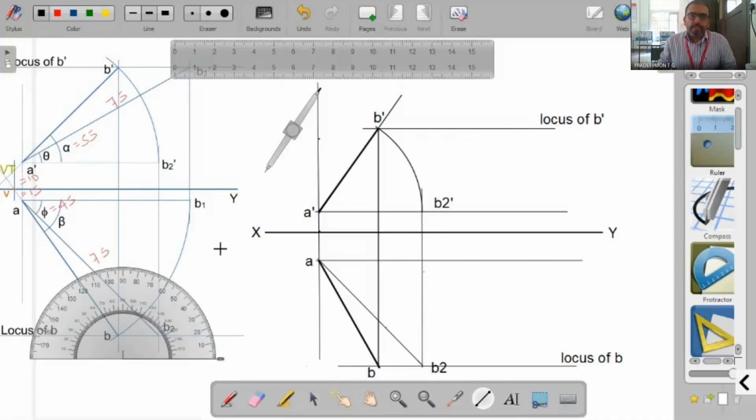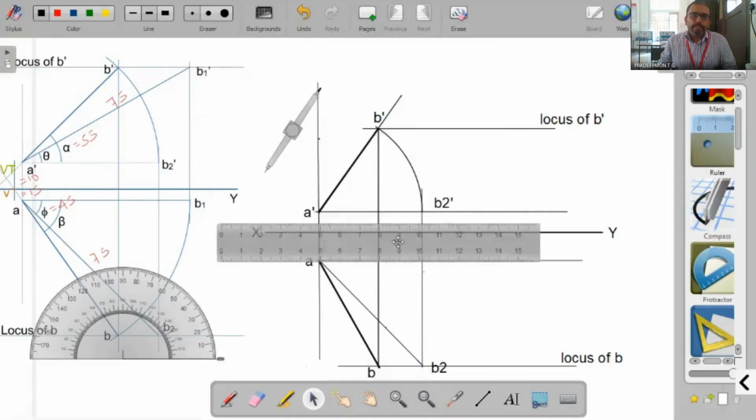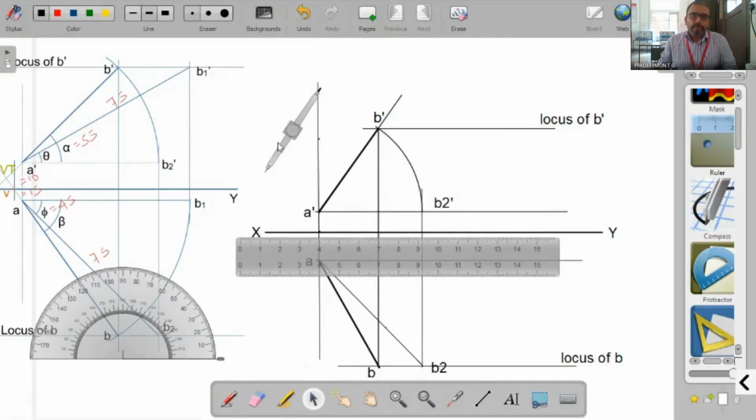It's perfectly good. And now what we have to do is find the true inclination with the HP. In order to get the true inclination with HP, you have to find out the point B1 dash. In order to get the point B1 dash, take your compass and mark a distance of 75 millimeter, or 7.5 centimeter, on it. That is the true length.